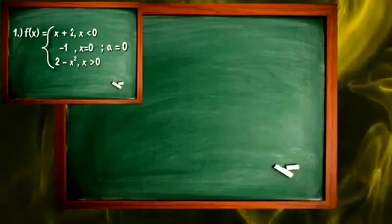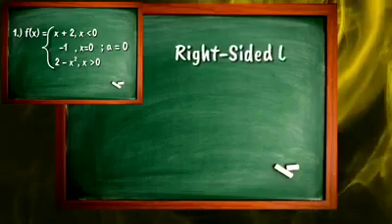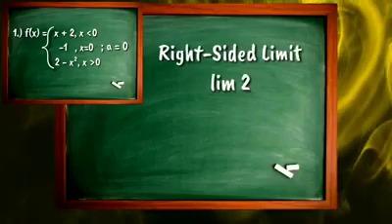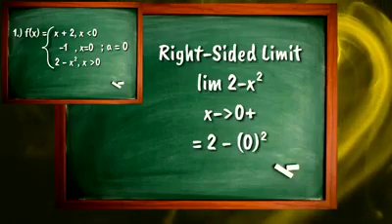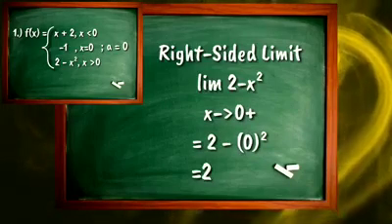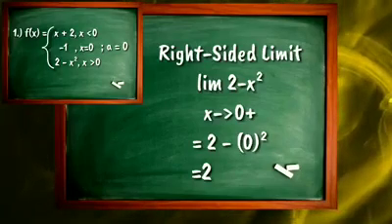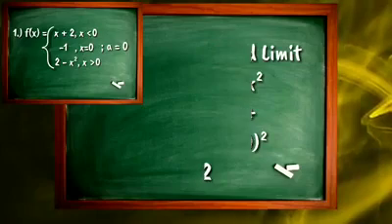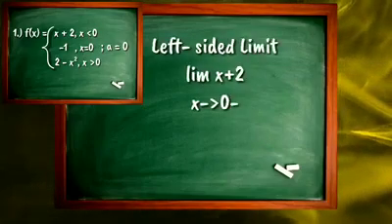Let's find first the right-sided limit of this function. Limit of 2 minus x squared as x approaches 0 from the right. Just substitute the value of a, which is 0, into this equation. 2 minus 0 squared, which means that the value of our right-sided limit is 2. So next is the left-sided limit.